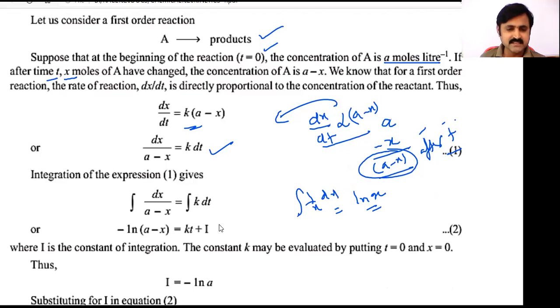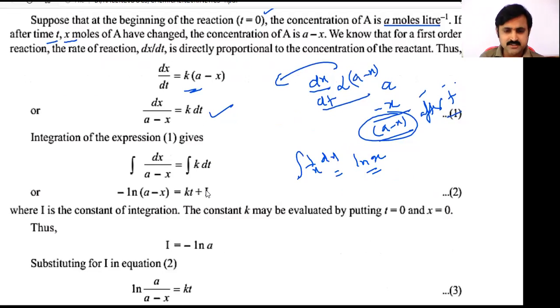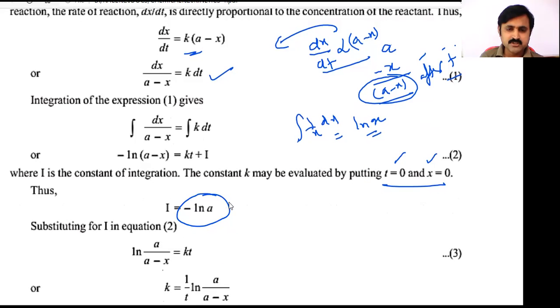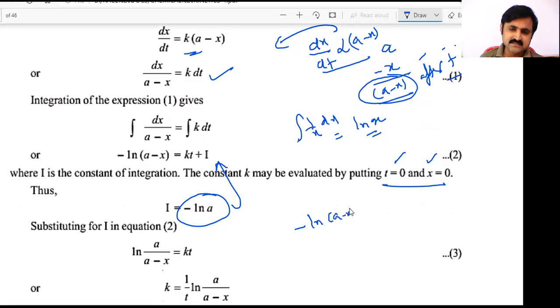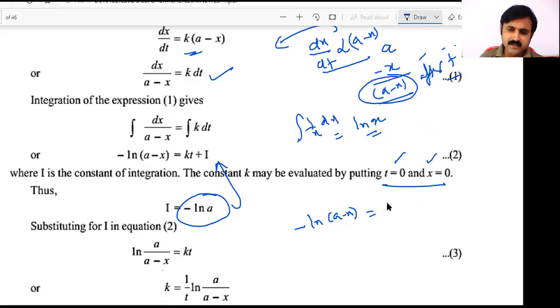We got I as the integration constant, and that integral constant is identified considering the t value is 0 and x value is 0 initially. After that, the integral constant we got is minus ln a, which is substituted in this expression. We got minus ln a minus x equals kt minus ln a.